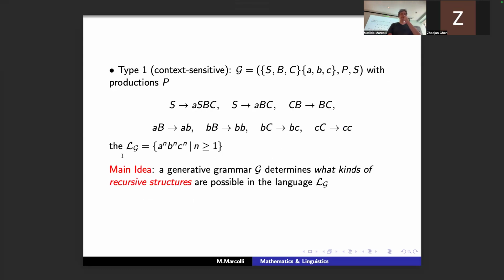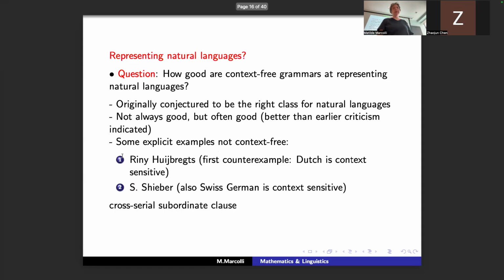There are other examples of recursions that can be produced by a context-sensitive grammar rather than a context-free grammar. So you have to find something that has the property that it can be realized by a context-sensitive but not a context-free grammar.